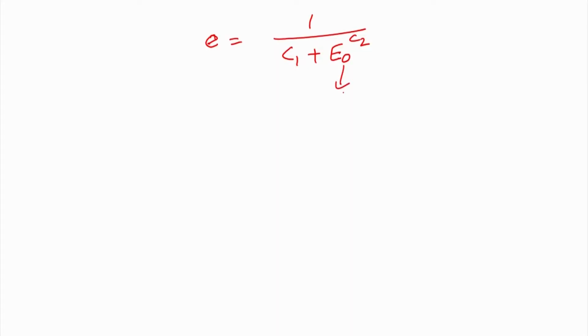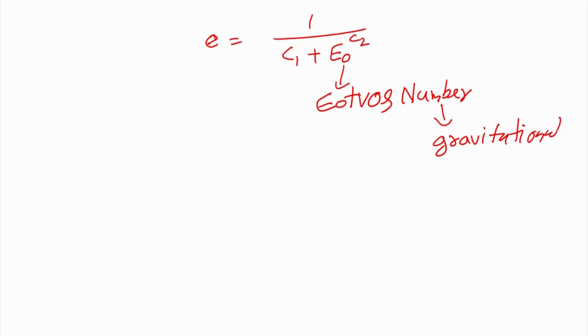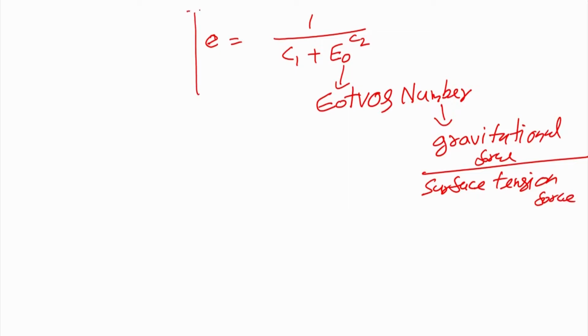It is Eotvos number, which is the ratio of gravitational force to surface tension force. That is going to determine what the shape of the bubble will be. So, this correlation is there.